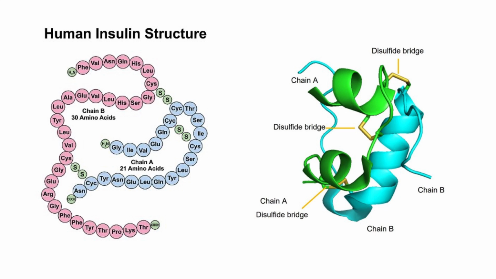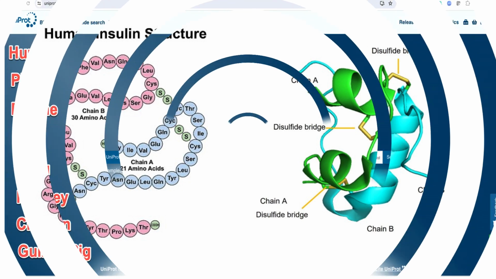Further processing results in mature insulin consisting of two chains, the A chain with 21 amino acids and the B chain with 30 amino acids, connected by disulfide bonds, totaling 51 amino acids. Understanding the conservation of insulin's functional regions can provide insights into its evolutionary relationships and functional mechanisms.